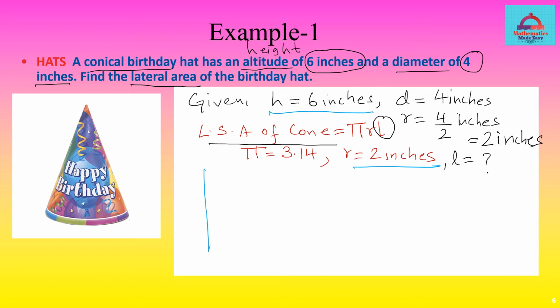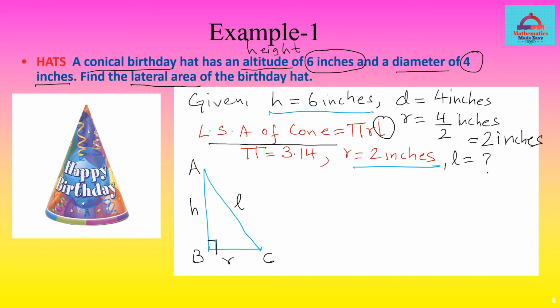In order to use these two pieces of information and to calculate the L, I'm drawing another figure for you. Let me name it as triangle ABC. Now, if your AB is the height of the cone, I can write it with this notation H. This is the base of the cone, so it is going to have radius R, and L is the slant height that we need to find.